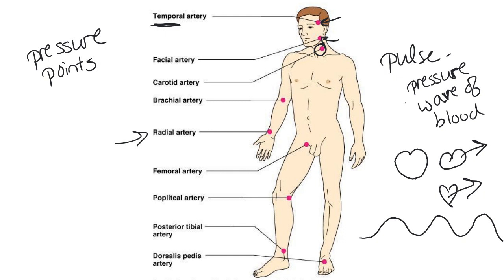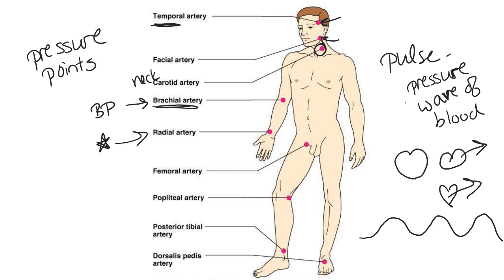That's the one we commonly think of when we see somebody lift two fingers up towards their neck and take their pulse there. Brachial artery is here in the elbow, and that is actually where you take blood pressure from, so we're not taking pulse from that one usually.